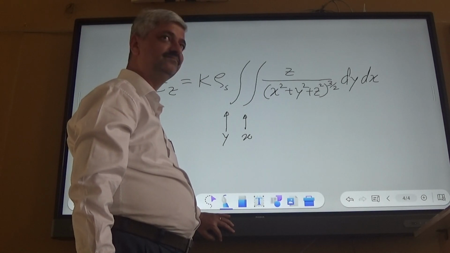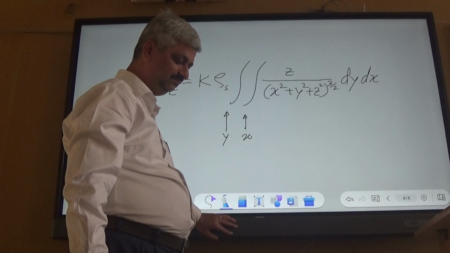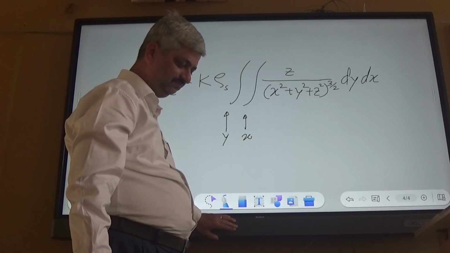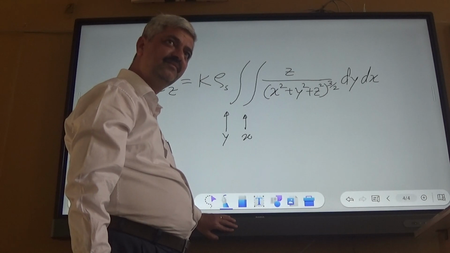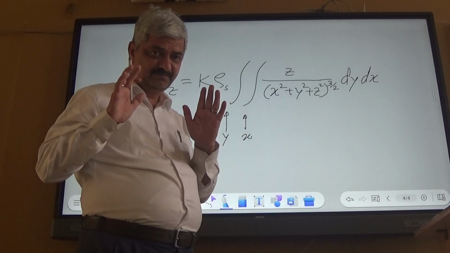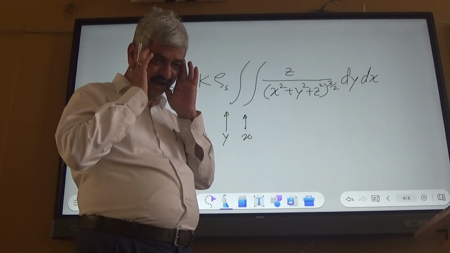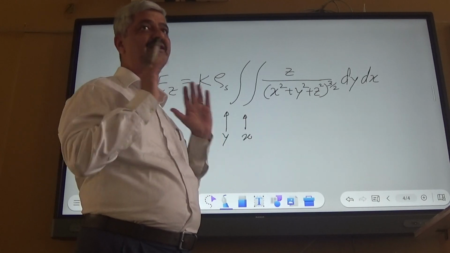X is minus half to half, and y is that equation of y. Now everybody is aware of what is required; the only thing is that we are unable to find it out.